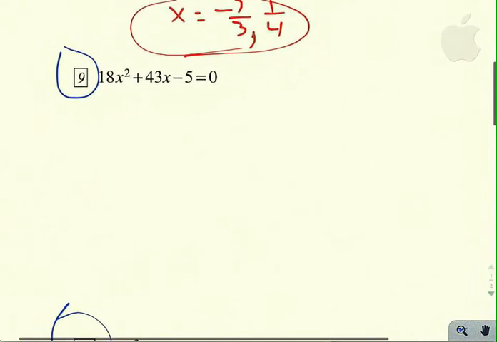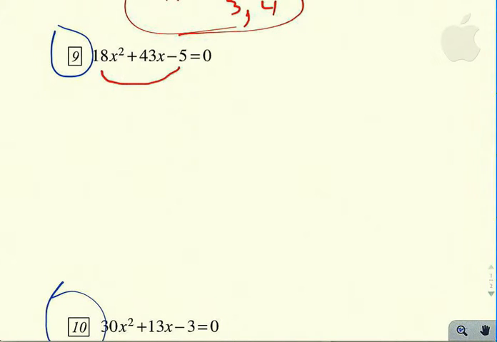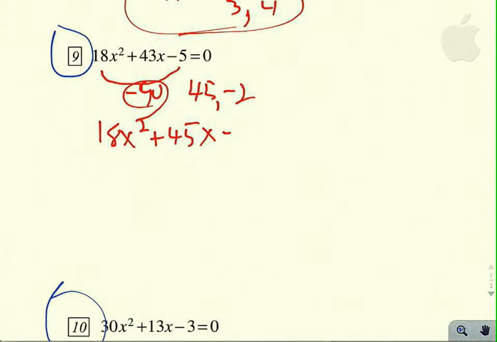Number 9. Multiply these two, you get -90. Two numbers that multiply out to -90 and add up to 43 would be 45 and -2. Let's see, take out a 3x. No, we can do better than that.